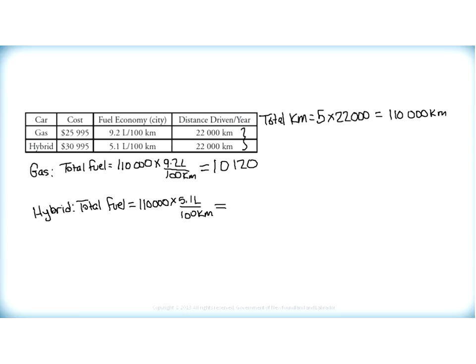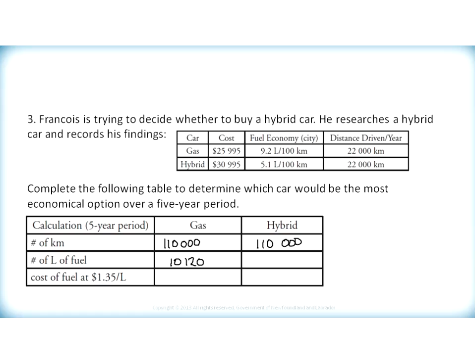So 110,000 times 5.1 divided by 100 works out to 5,610 liters of fuel. So I should put liters next to this one as well. So the amount of fuel that the hybrid is going to use up is 5,610 liters.